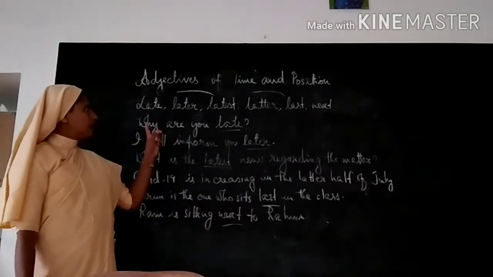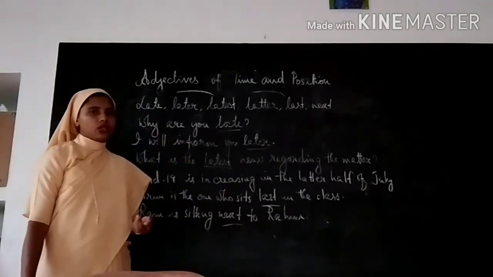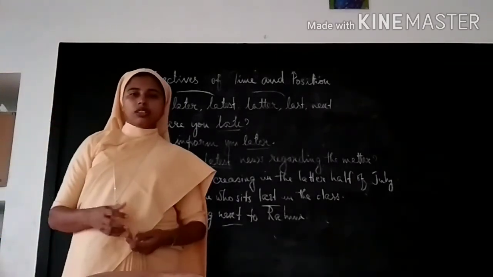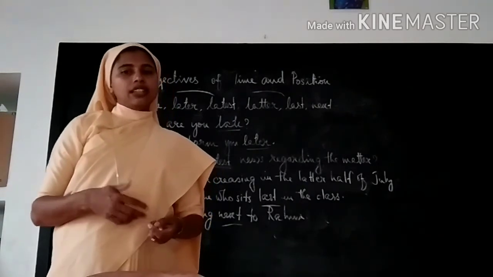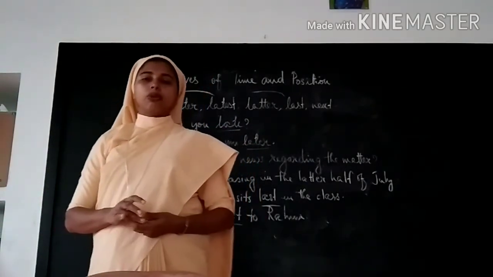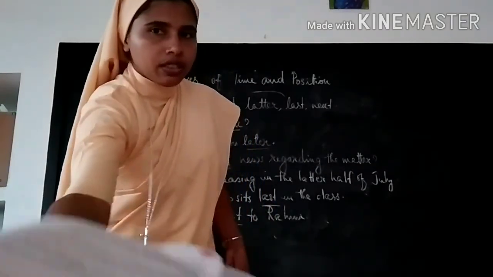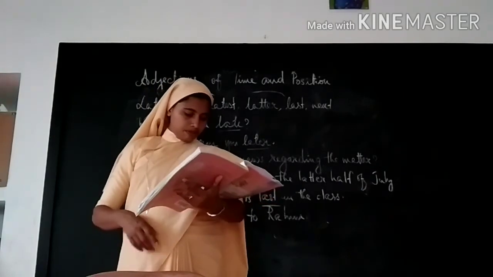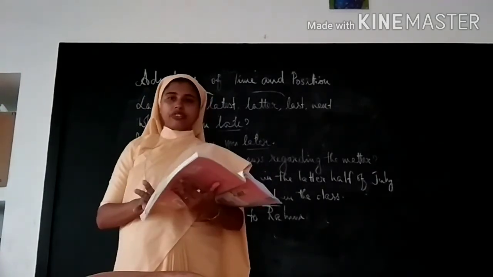So please study these adjectives of time and position. There are some exercises based on these, indicating age as well as time and position. Please do them in your textbook. Also, there are some exercises left on page number 40 and 41.